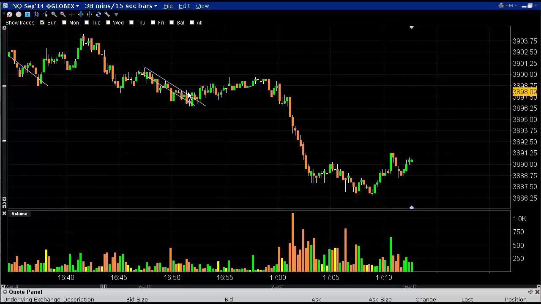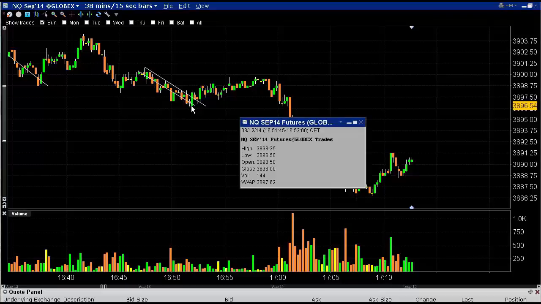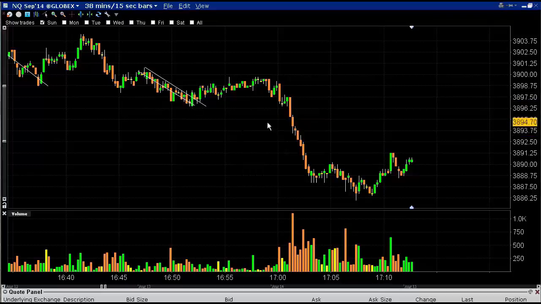Or if you didn't take the wick and you were waiting for a close above the line, then you would get something lower, perhaps 97.75, in which case a 1.5 point stop would have sufficed by one tick.